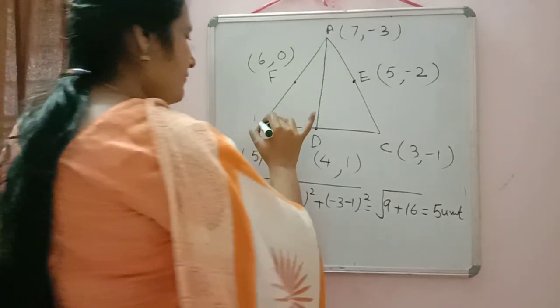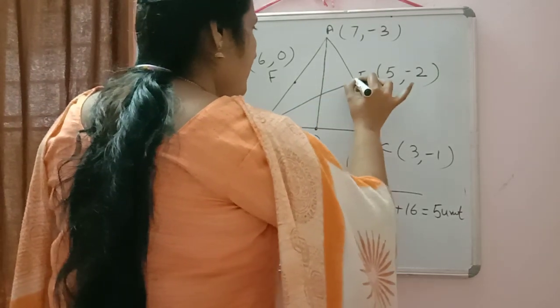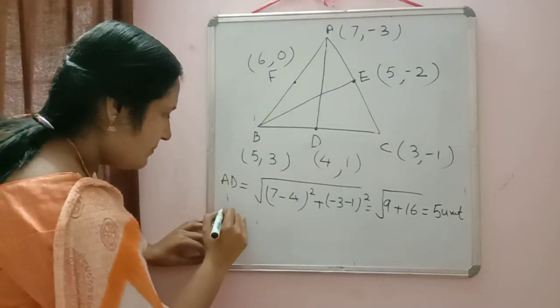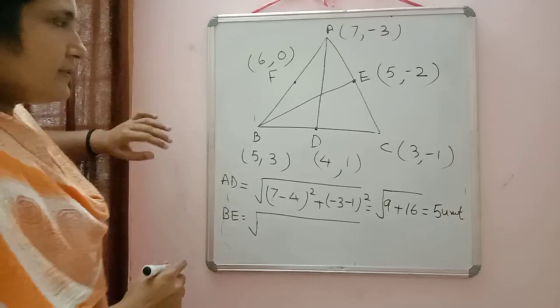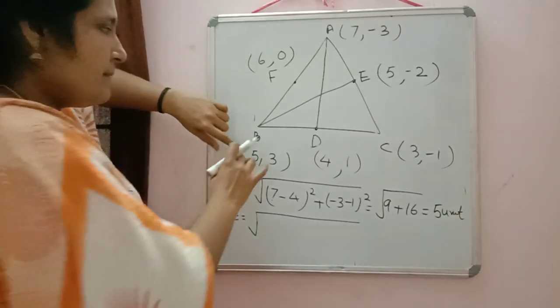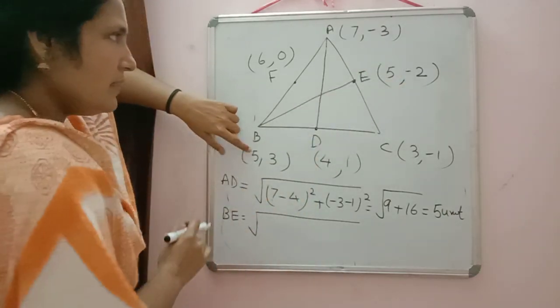In the same way, we will calculate the distance BE. BE is equal to the square root of, again using the distance formula, (x1 minus x2) the whole square plus (y1 minus y2) the whole square.